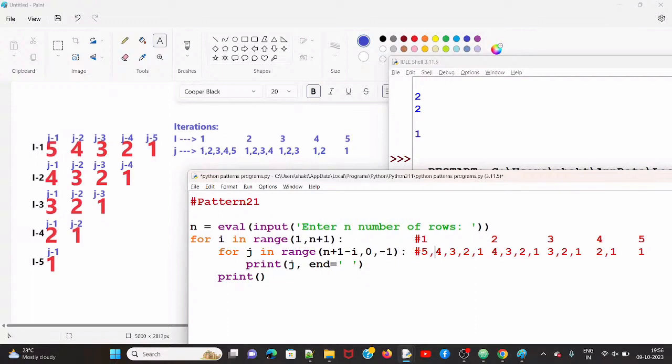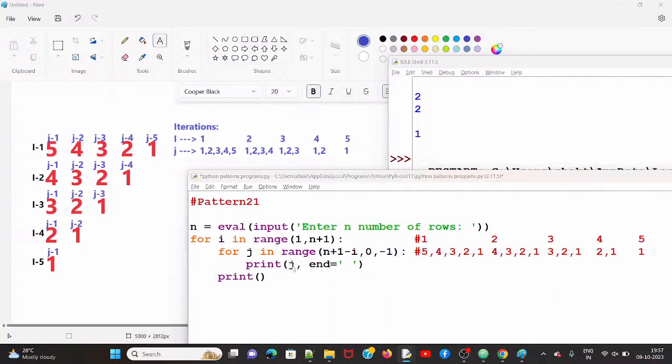But first time 5 coming, second time 4, next time 3, next 2, next 1. Next, when i value is 2, how many times is j iterating? 4 times, but first time 4 is coming, next 3, next 2, next 1. Every time print j only.